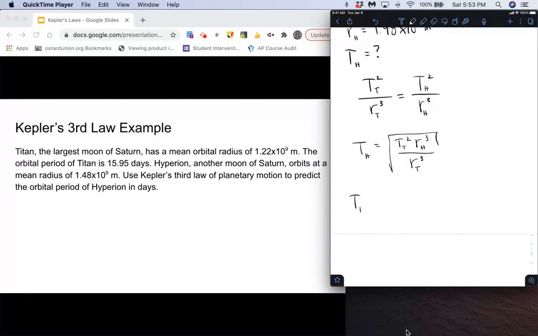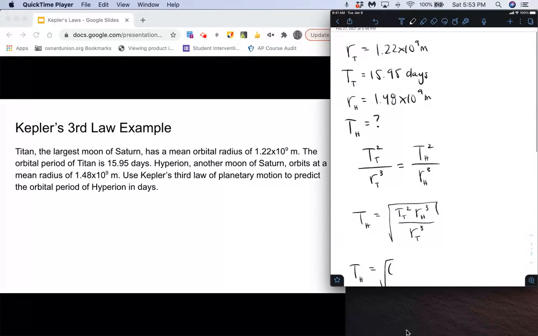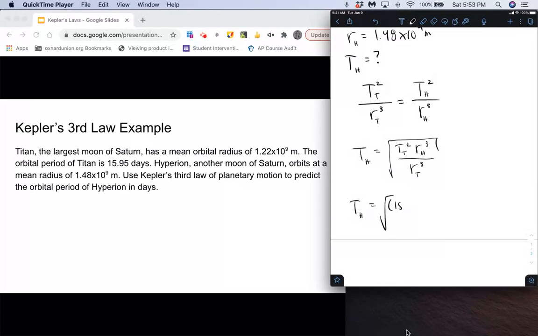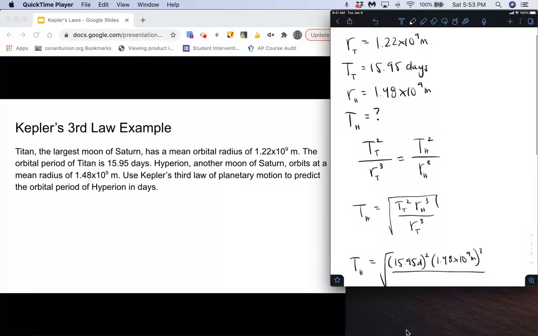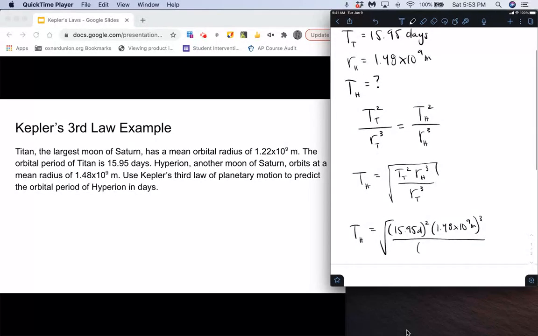So here, plugging in our numbers, we get the square root of 15.95 days squared times RH, which is 1.48 times 10 to the ninth meters. And we're going to cube that and then divide that by RT, which is 1.22 times 10 to the ninth meters, cubed.